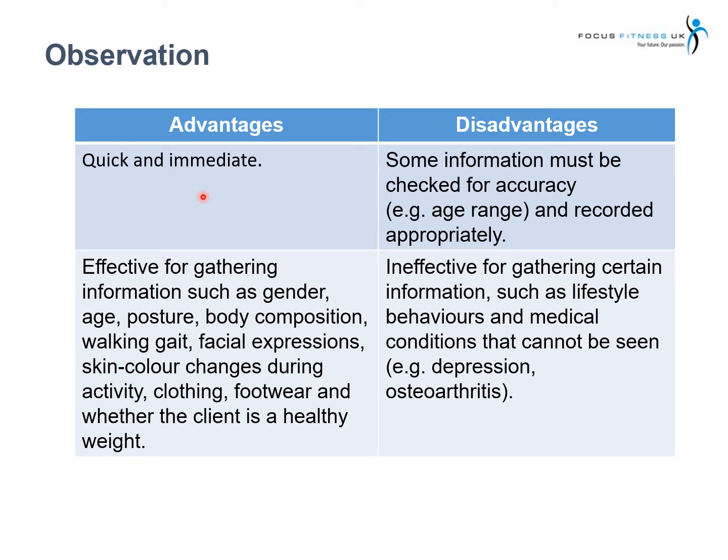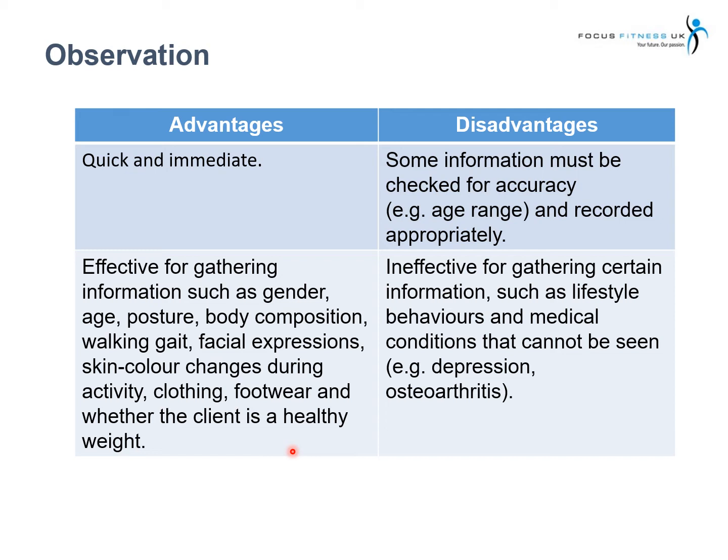In an observation, this is quick and immediate and gives quite good information on gender, age, posture, body composition, things like your walking gait or your squat form, for example, facial expressions, skin colour changing during CV activity.